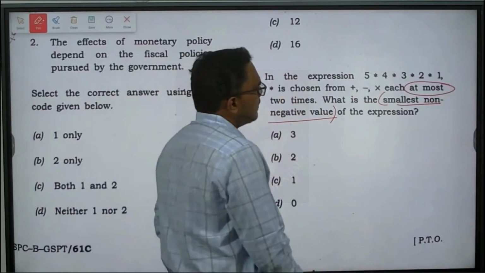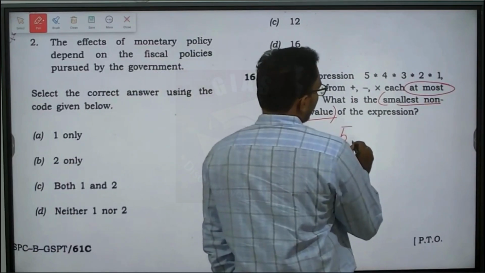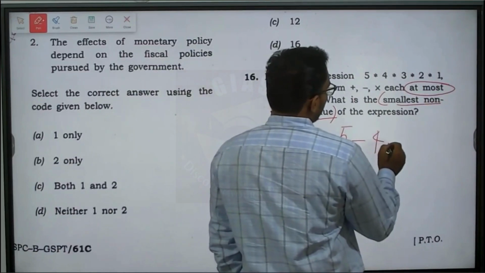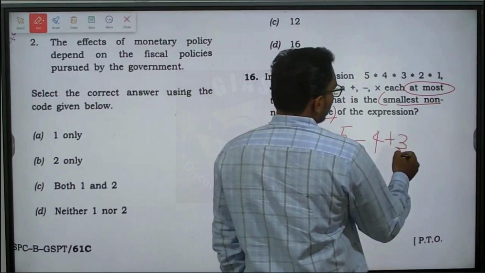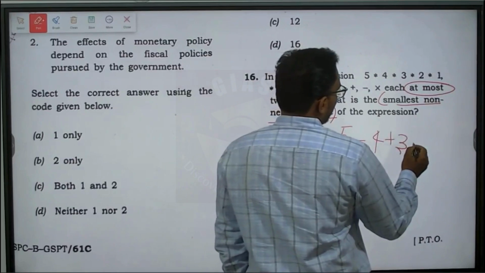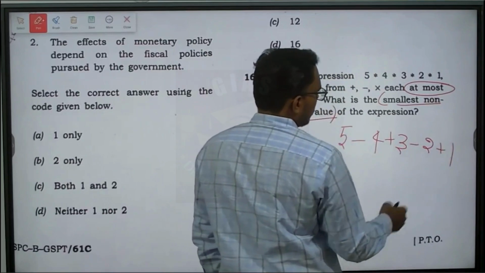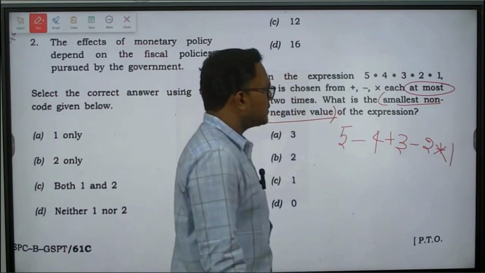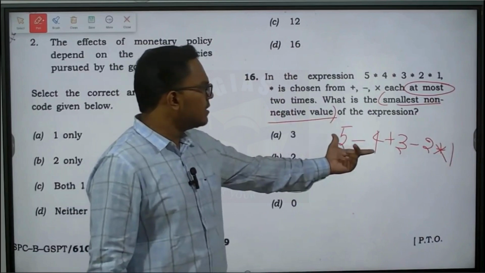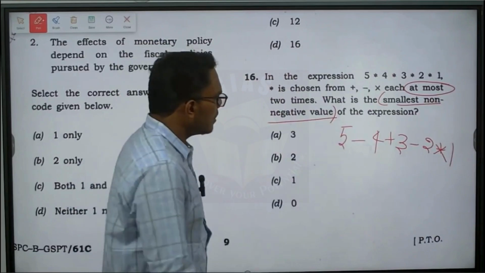Let's try this: 5 minus 4 plus 3 minus 2 star 1, multiplication. I've used my operations twice. So what will happen?